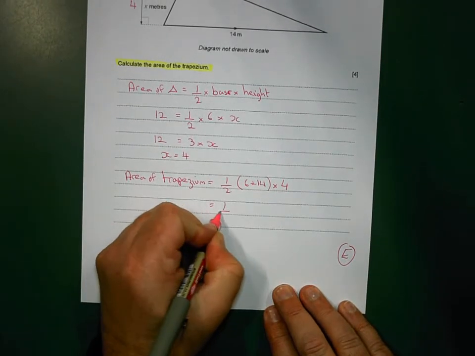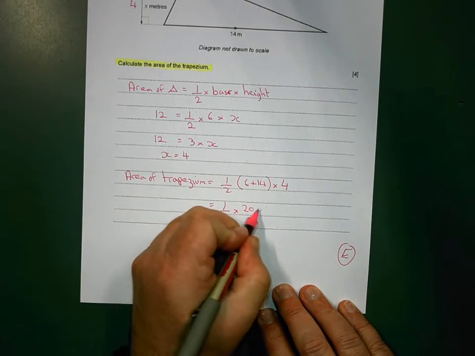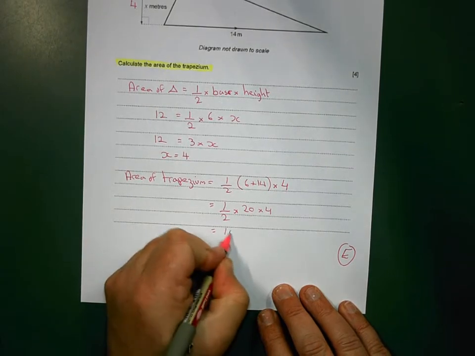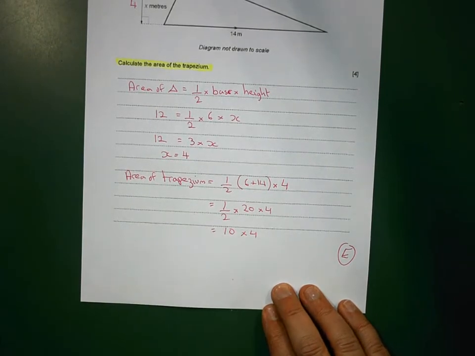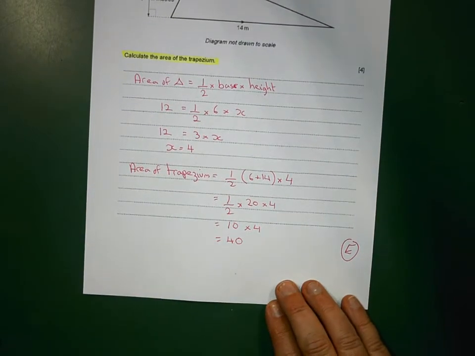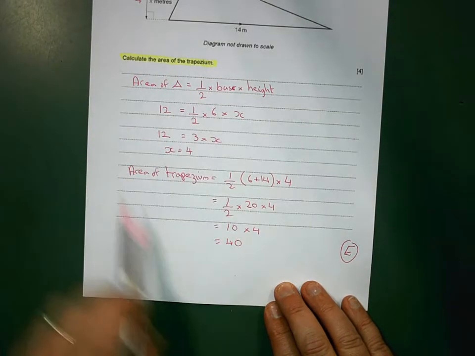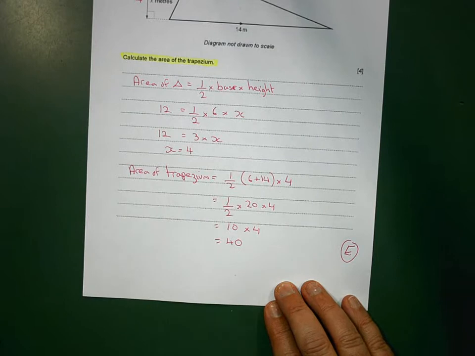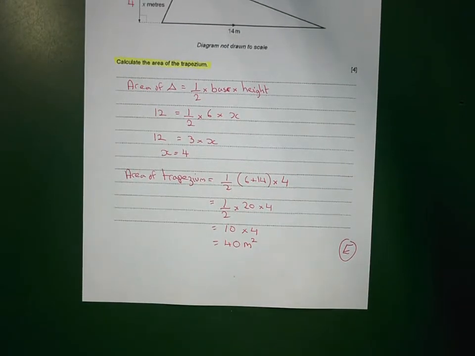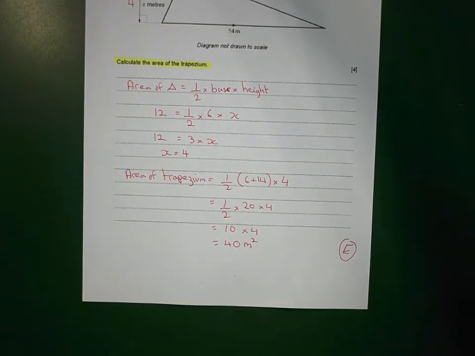Work out the brackets first. 6 and 14 is 20, times 4. Half of 20 is 10, times 4. 10 times 4 is 40. Calculate the area of the trapezium was the question. Area of the trapezium is 40. The units would be meters squared. It's not asking you to give the units, so you don't lose any marks.